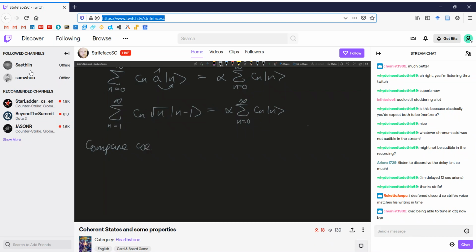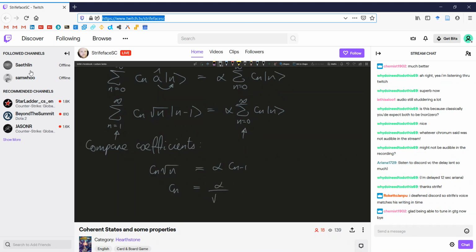The left-hand side starts at n equals 1, while the right-hand side starts at n equals 0, so we can call the right-hand side the n minus 1 state. Now we can rearrange for an expression for Cn.